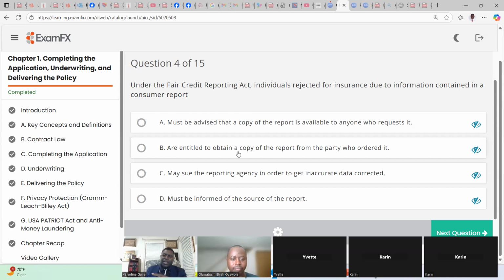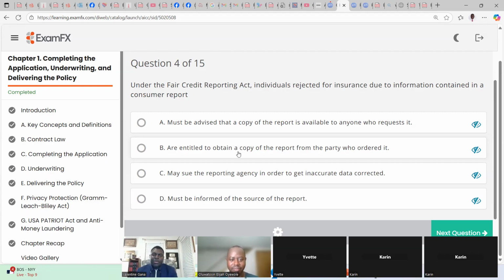And the last part of the answer says to anyone, must be and to anyone, we kick it out. C says, may sue the reporting agency in order to get inaccurate data corrected. You jump from seeing a mistake to suing. That's too extreme. So we eliminate those two.